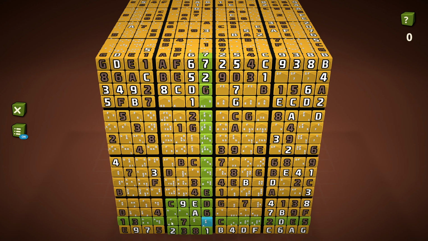So, F, B, and 4. These 3 have to be F, B, and 4. Look at that, really only just knocked that out.